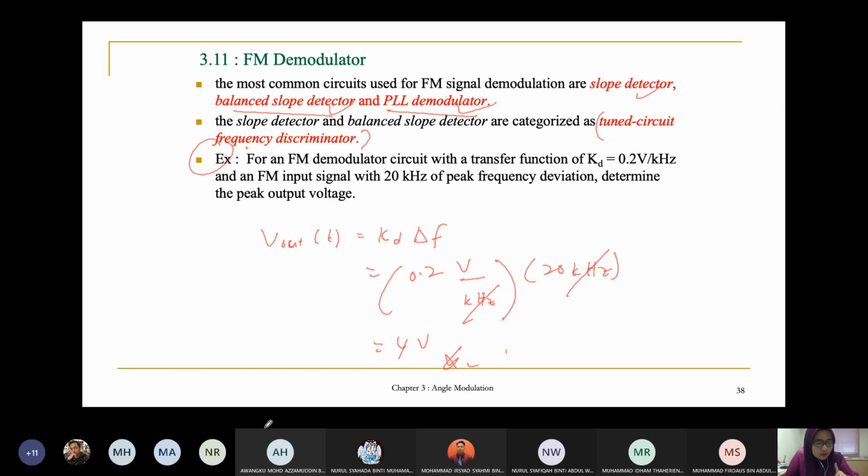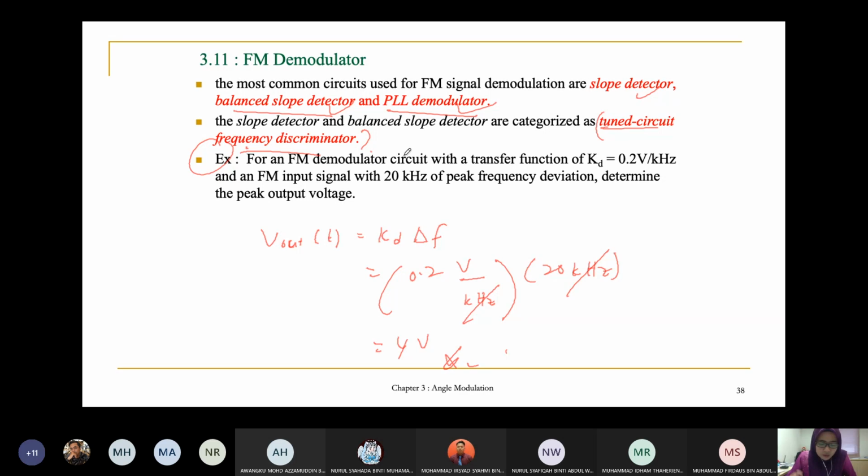So remember, the slope detector and balanced slope detector are categorized as tuned circuit frequency discriminators. For further information on this, you can read slides 39, 40, 41 and 42.